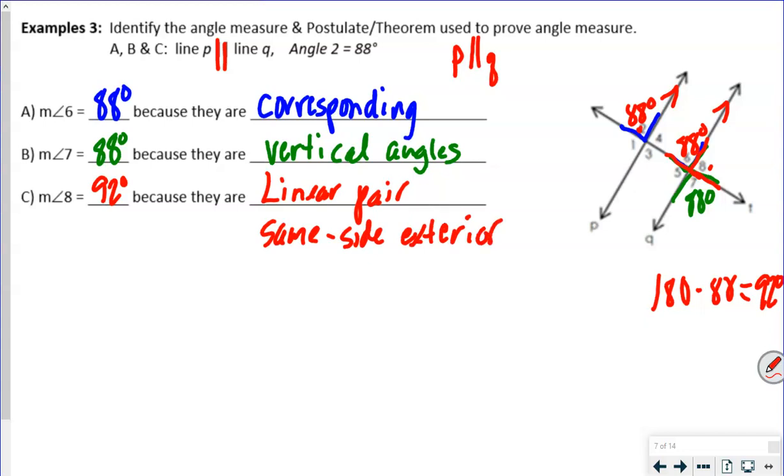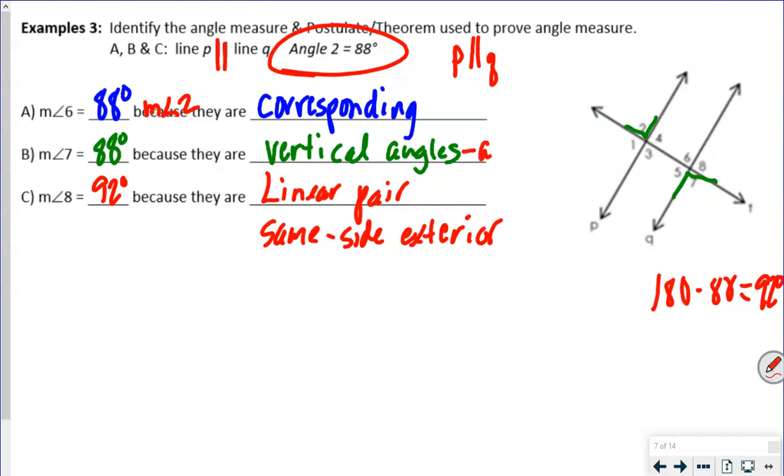So for all of these, if we were to use angle 2, let's just talk about angle 2 for all of these. So this could have been the measure of angle 2, right? And if we were to talk about the measure of angle 7, let me erase this off of here, the measure of angle 7, as it relates to the measure of angle 2, aren't those alternate exterior angles?